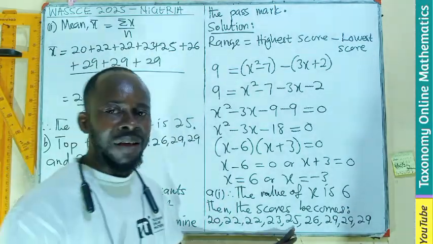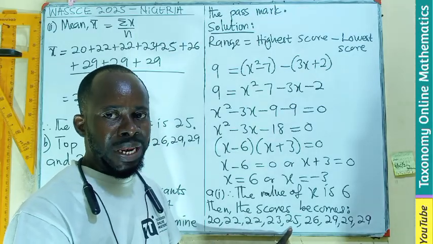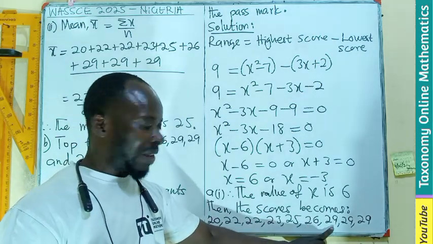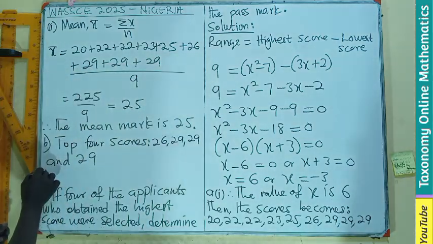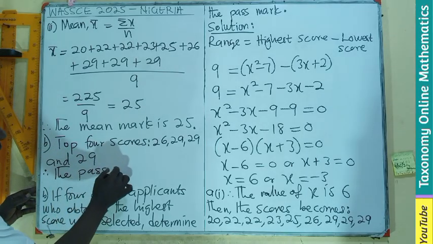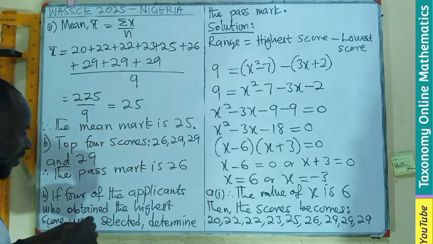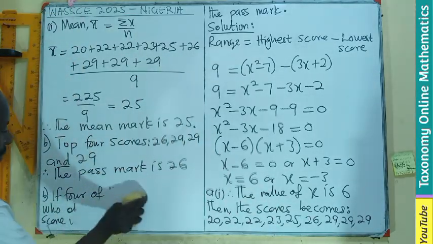The person who had 25 did not qualify because he did not catch the pass mark. These people are going to fall in that direction. So therefore, we can say that the pass mark is going to be 26.